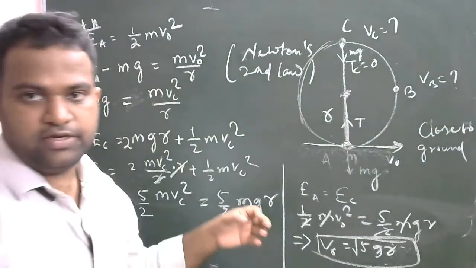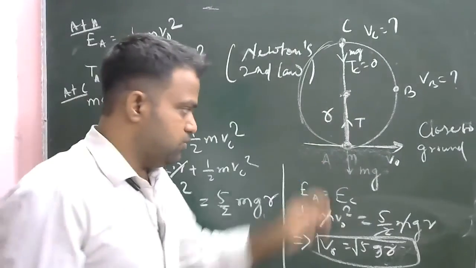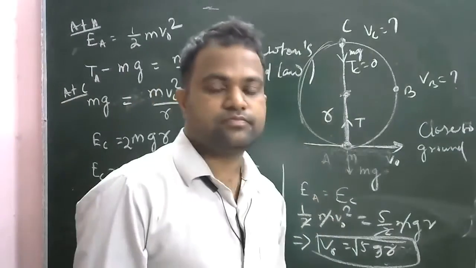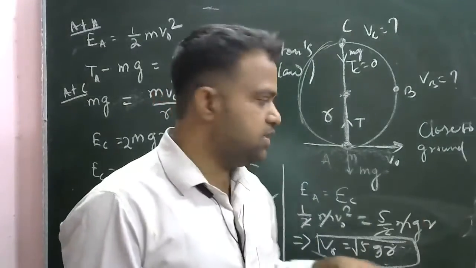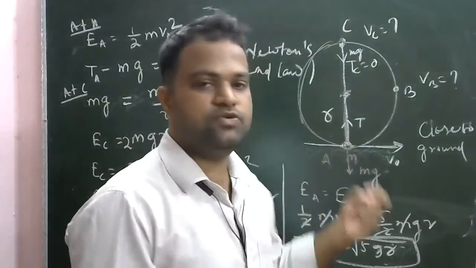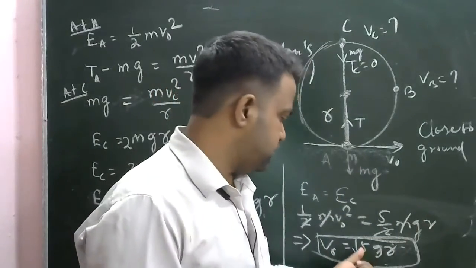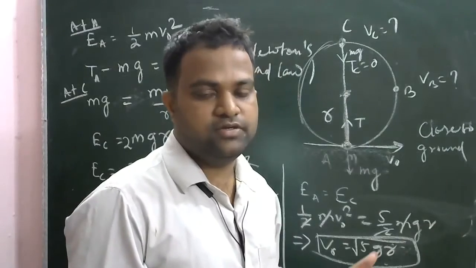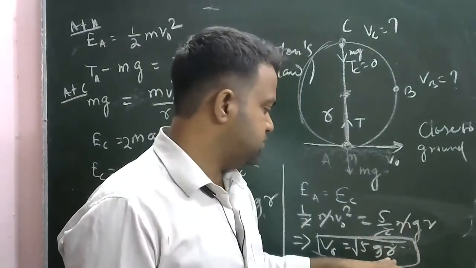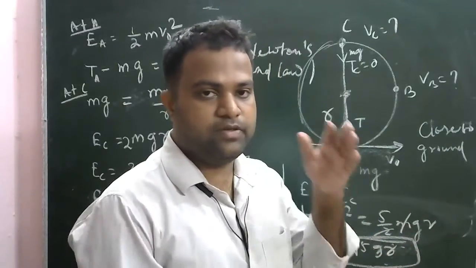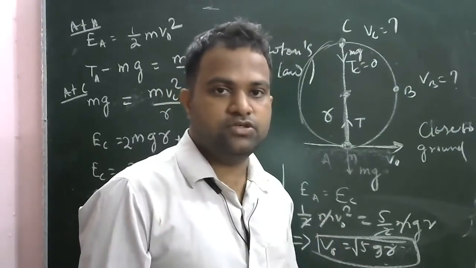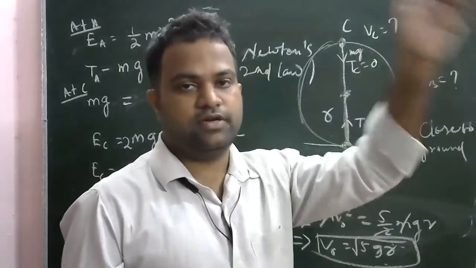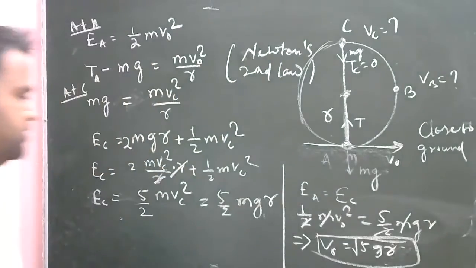It does not matter what mass you have. You have to push it in such a way that its initial velocity will be root of 5gr, so it depends upon R. The more the R, the more the velocity should be to keep it on the track, for a vertical motion.